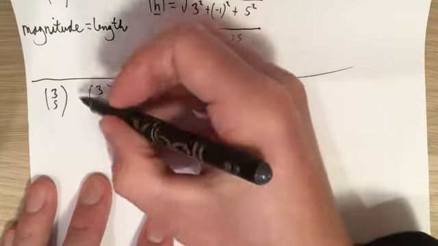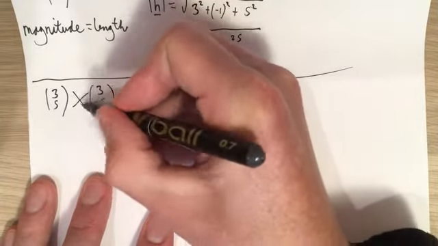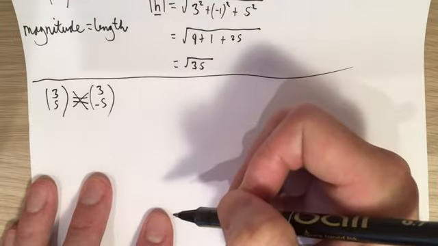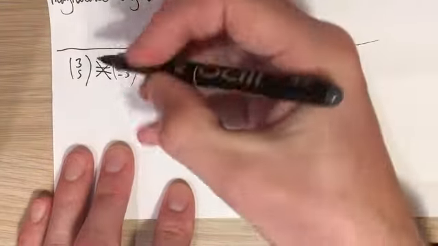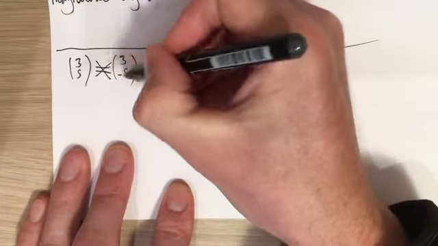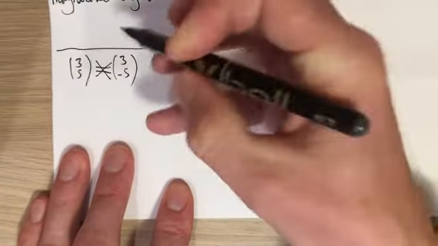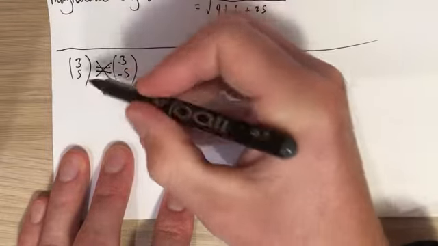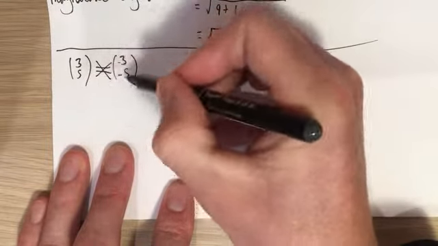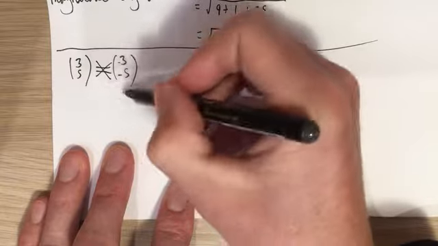These are different, not equal. What does it mean for 2 vectors to be equal? Well, basically, the instructions both have to be the same. The same x right-left instruction, the same y up-down instruction, and the same z instruction as well, if we've got 3 dimensions.